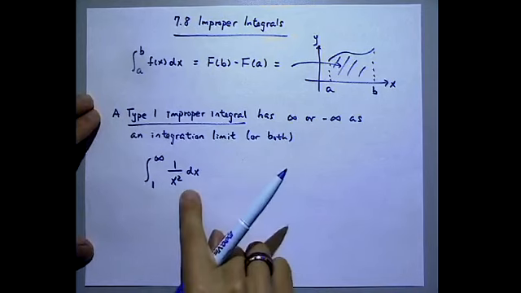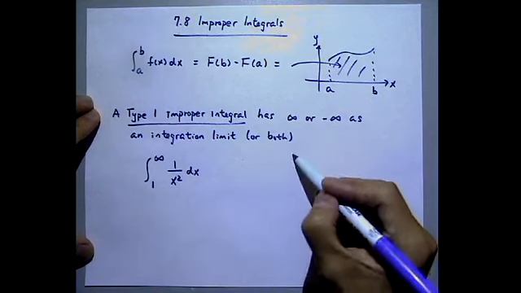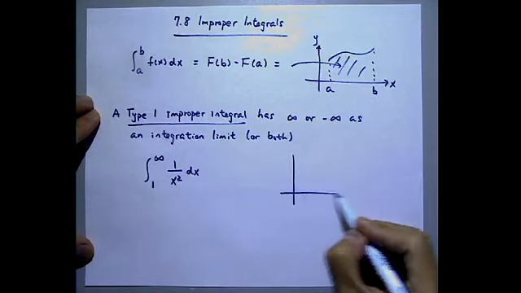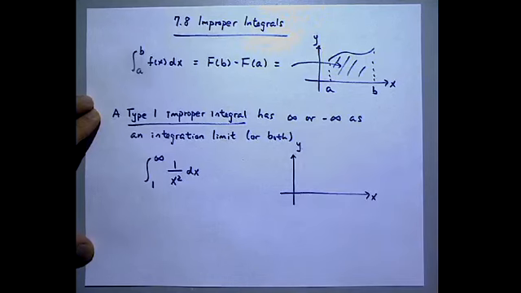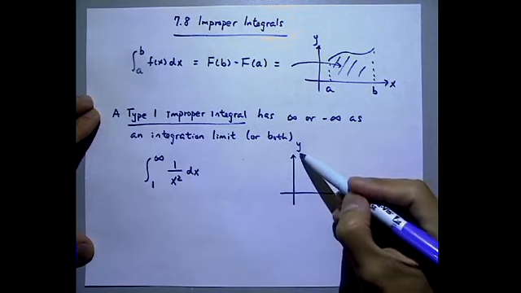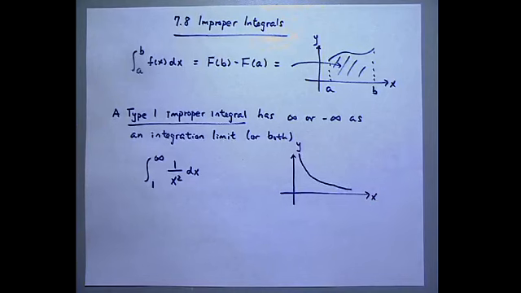Let's first interpret what this means in terms of area. So 1 over x squared looks like this. Right? It's got a vertical asymptote at 0, and then has a horizontal asymptote at y equal to 0 to the right.